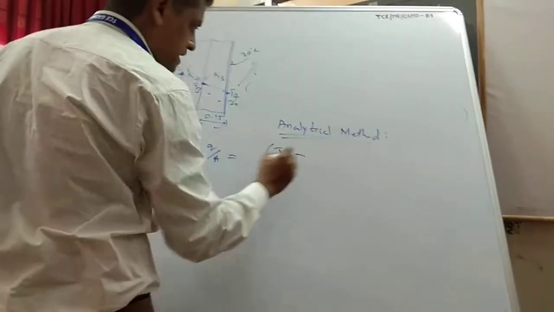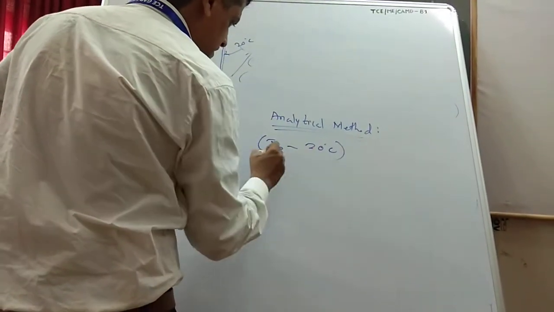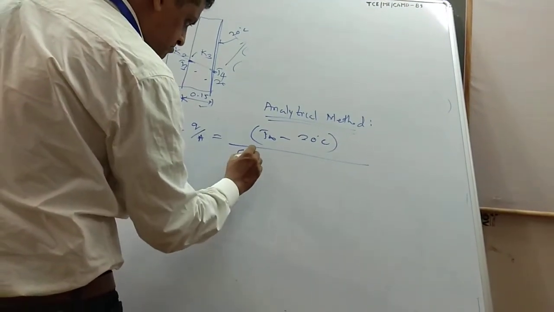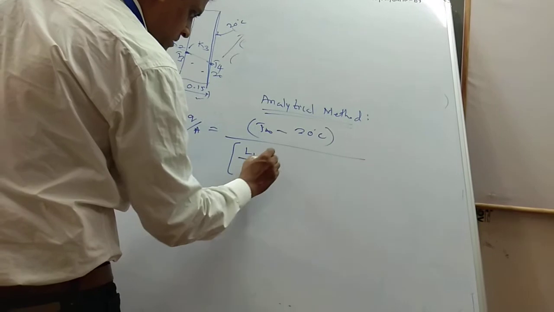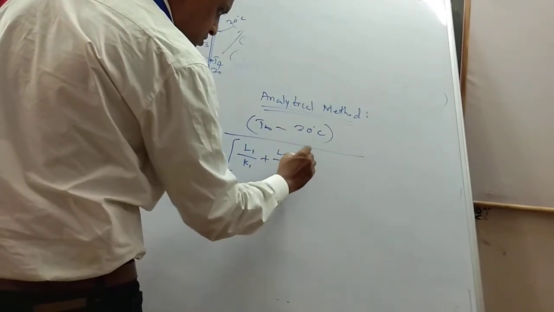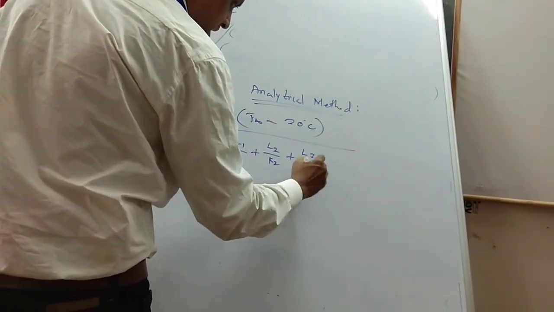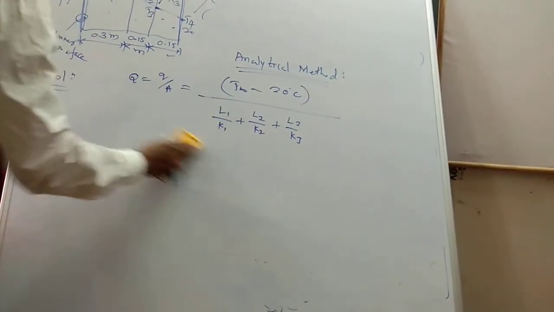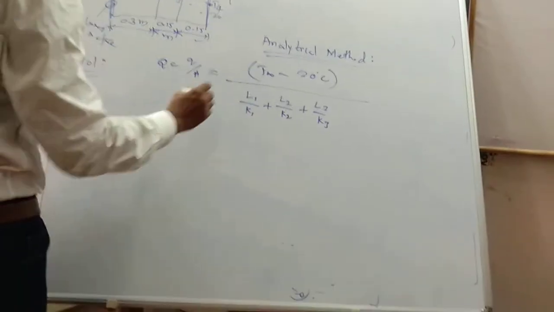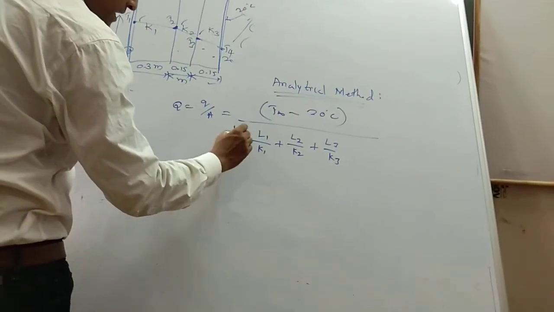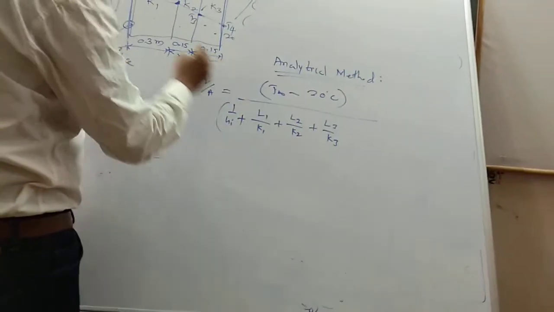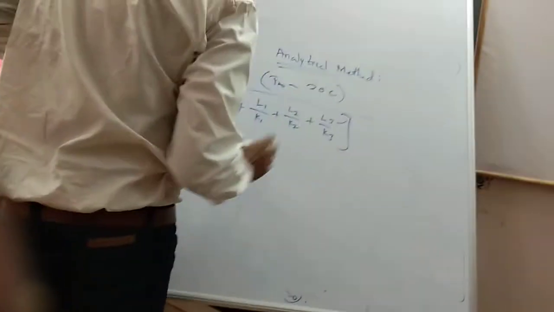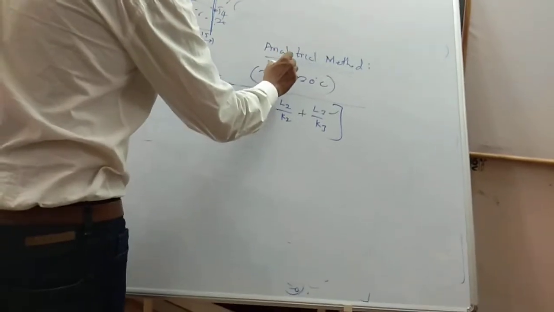The final temperature is 20 degrees Celsius, divided by L1 by K1 plus L2 by K2 plus L3 by K3. First, on the inner surface, convection takes place, so I will write 1 by Hi plus L1 by K1 plus L2 by K2 for material 2, plus L3 by K3 for material 3. T infinity given is 800.